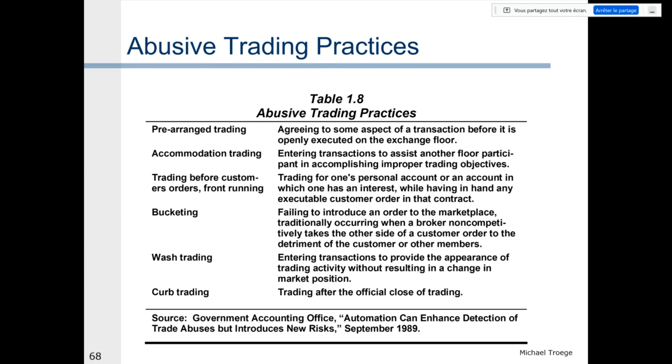Bucketing, that's interesting. That's when a broker non-competitively takes the other side of a customer order to the detriment of the customer or the other members. So that means that basically you have a market that's not very liquid. You have a customer who wants to sell. You know that the price at which he is selling is a very low price.